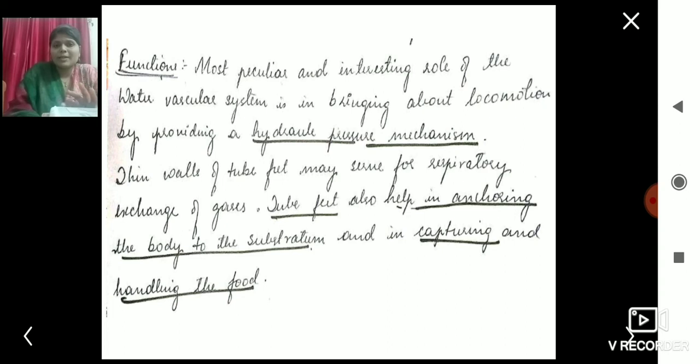Once you complete your answer, you will have to go through it once. Then take one color pencil and color a few certain words, so that the evaluator's eyes go to those particular words. They will be searching for particular words that you use in the answer, correct? If those words are there, they're going to give you the marks.